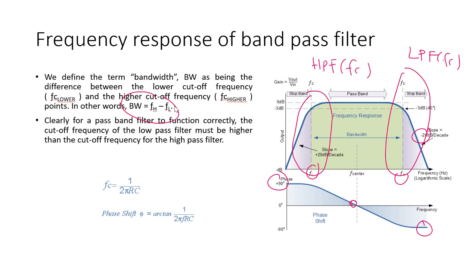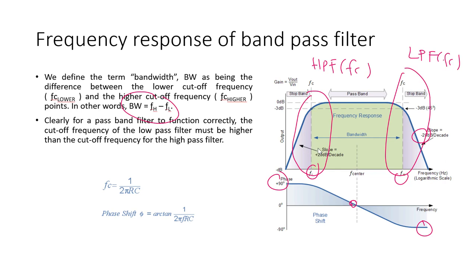So high bandwidth would require this FH to be higher and FL to be lower, and we can decide about this bandwidth from the RC circuit that we are combining.